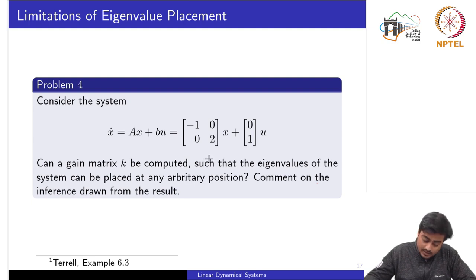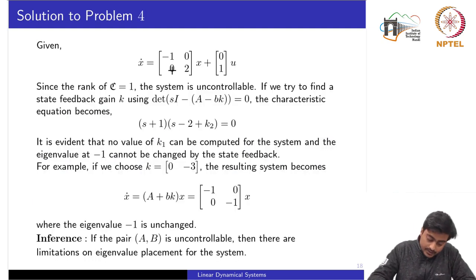Here we are showing numerically which eigenvalues could be shifted or placed arbitrarily. Let's see this system. The rank of the controllability matrix is 1 and not equal to 2. So we know that the system is uncontrollable and we cannot place the eigenvalues at any arbitrary location.